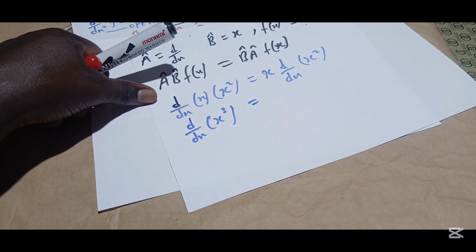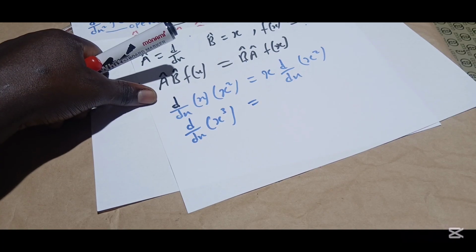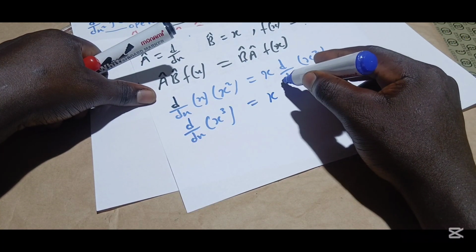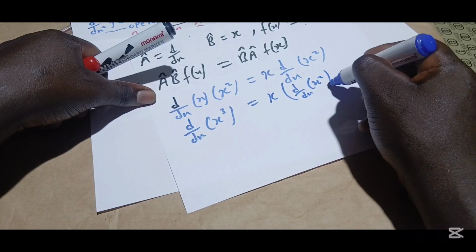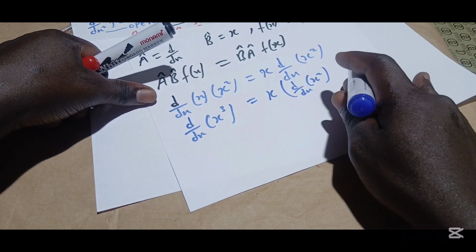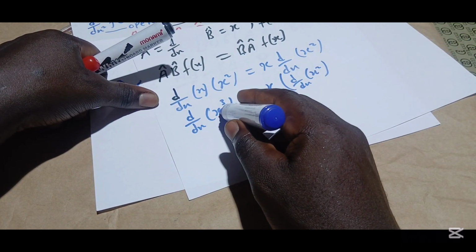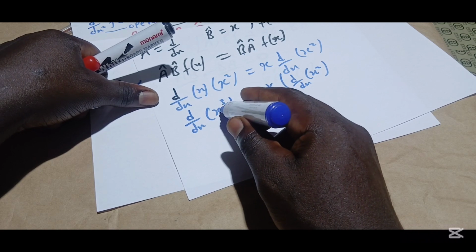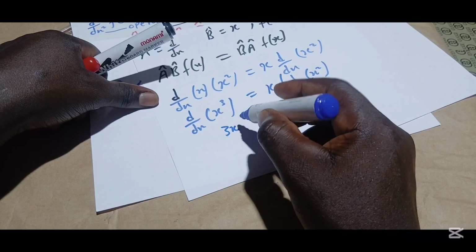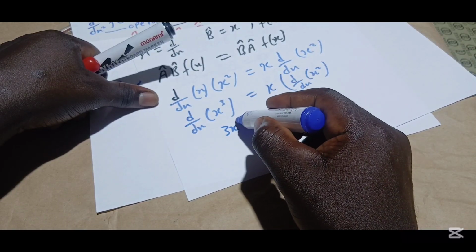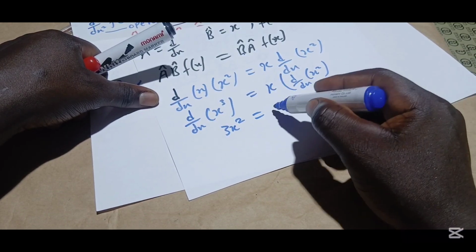And here, we are going to find the derivative of x squared multiplied by x. So the derivative of x cubed is, we multiply by the power 3, and the power reduced by 1, which will give us 2.